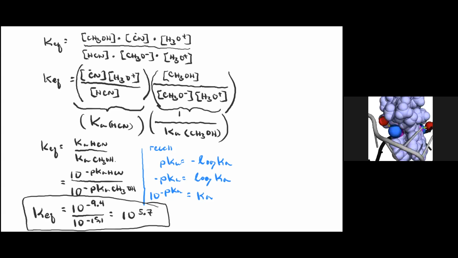So when you add HCN to methoxide, you get proton transfer to form methanol plus cyanide anion. So all this is just to illustrate how we can interconvert KEQs and pKa's and get a quantitative understanding of the extent of different acid-base reactions.